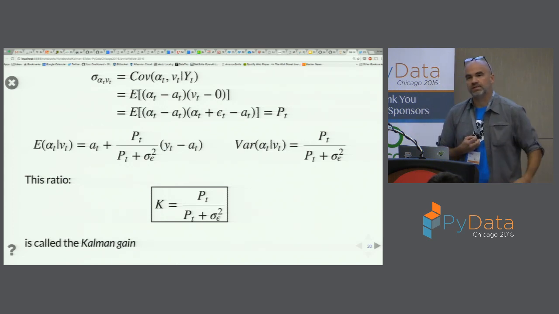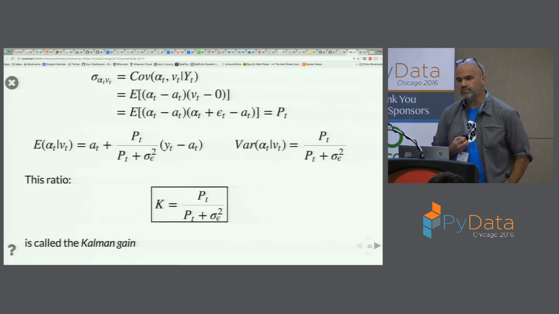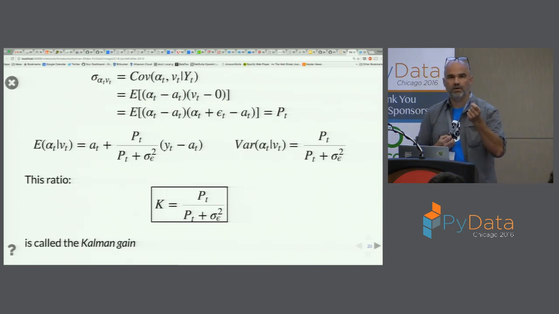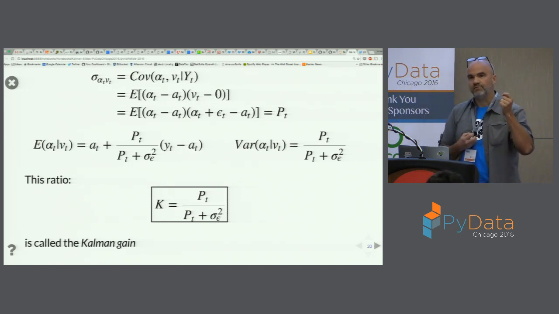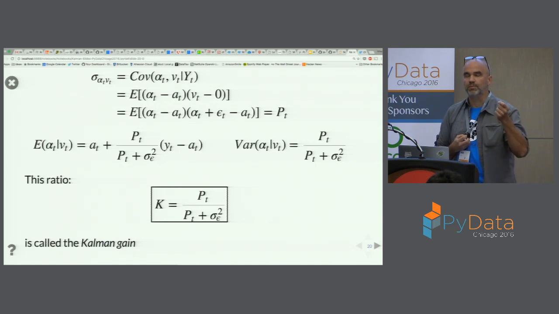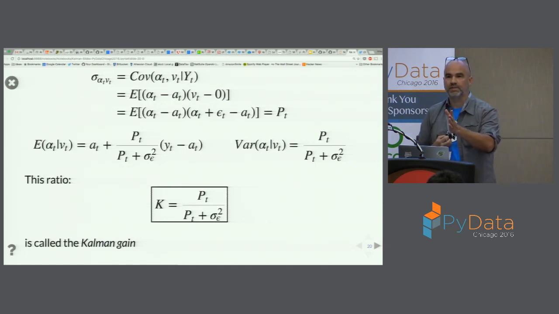So intuitively what this means is that if the noise in the observation is small, then this ratio is going to be close to 1. And that means that the value that you observe is probably pretty close to the actual state, and so you want to move your estimate closer to that actual observation.